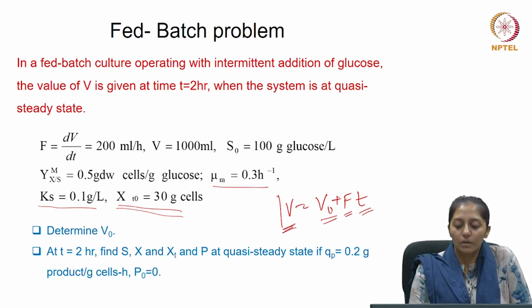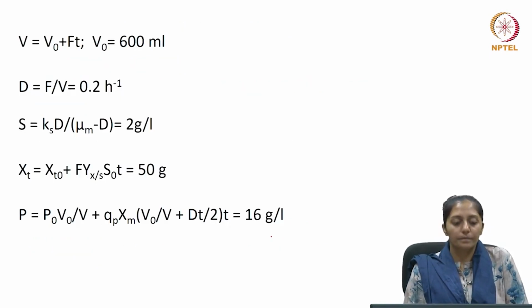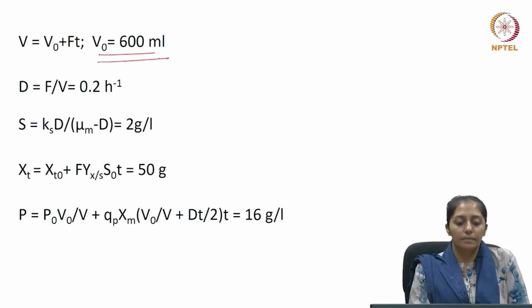So if you substitute all the values, we will be able to find the value of V naught. So your V naught turns out to be 600 ml when the quasi steady state began.